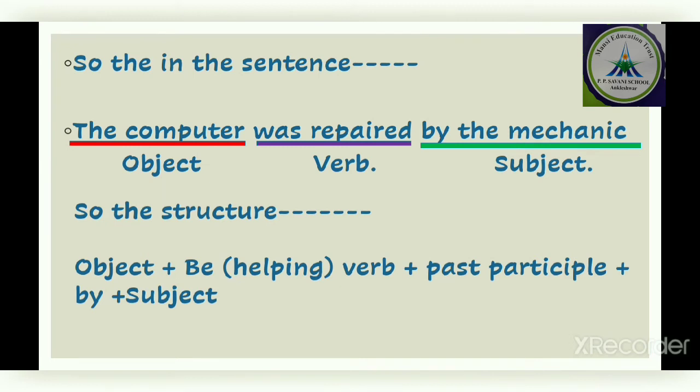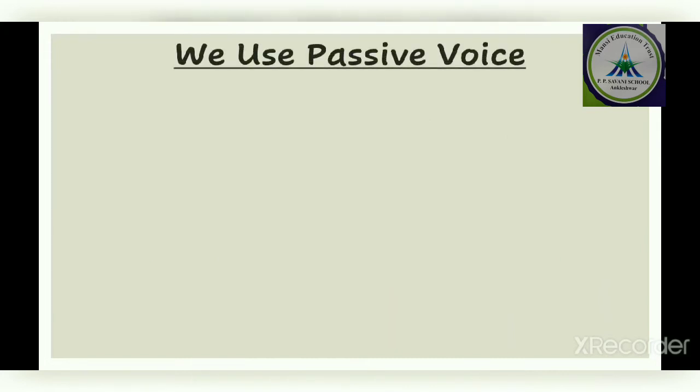Here we have used was, a helping verb, to make a meaningful sentence. So in every passive voice we have to use the helping verb or be verb depending upon the object, plus the participle form of the verb, plus by, which we use to show by whom the action has been performed, and the subject. Clear?